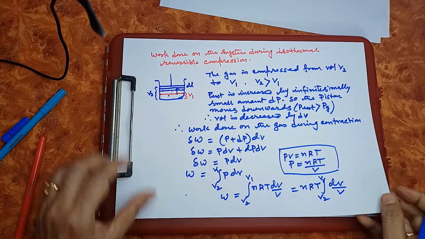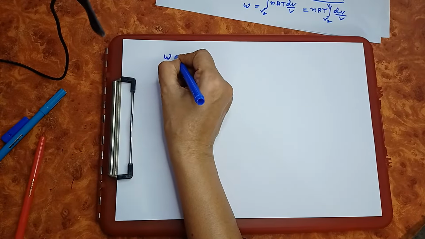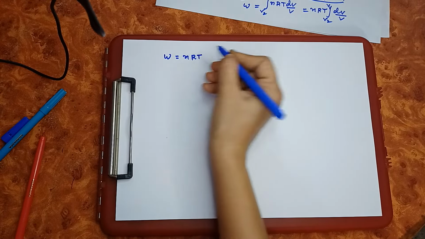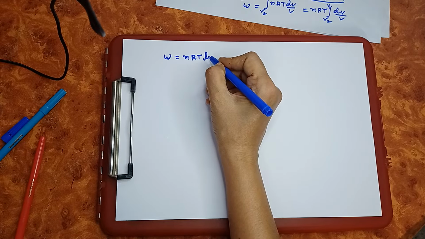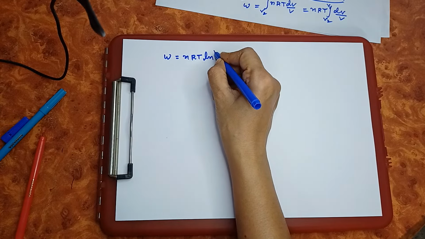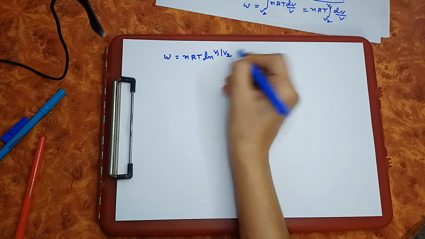So what will come in the next line? W will be equal to nRT into ln of final by initial. Final volume is V1, initial is V2.